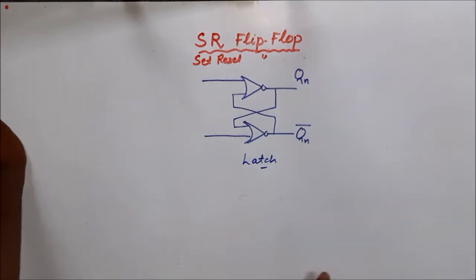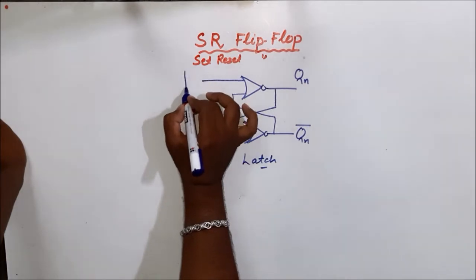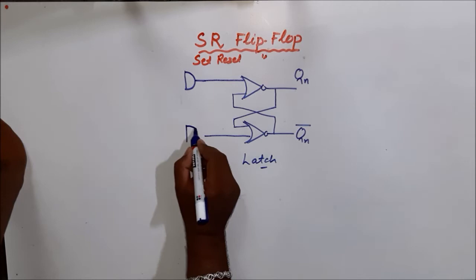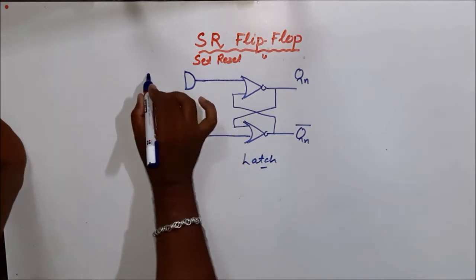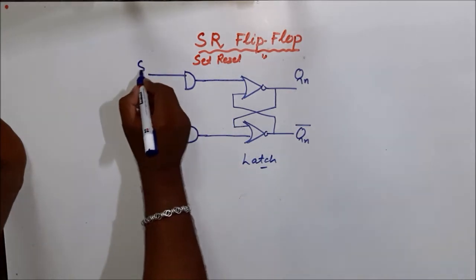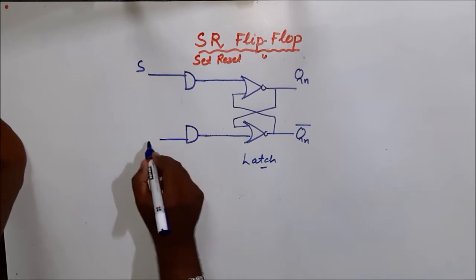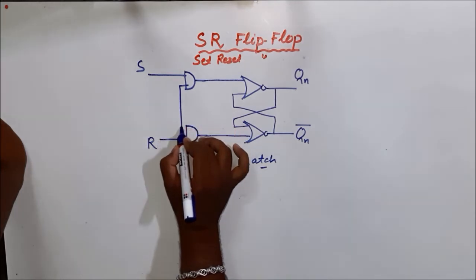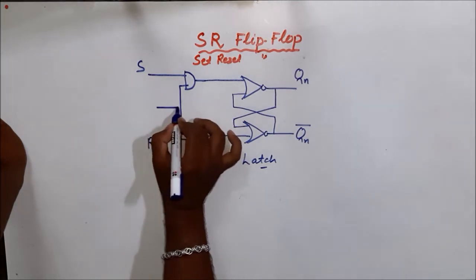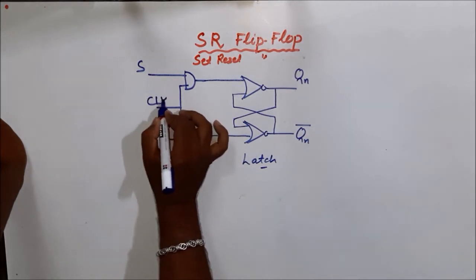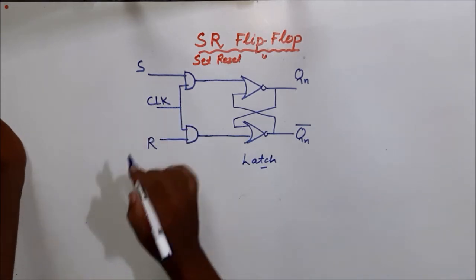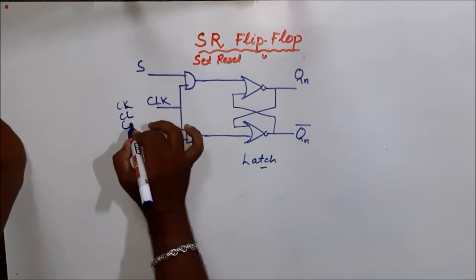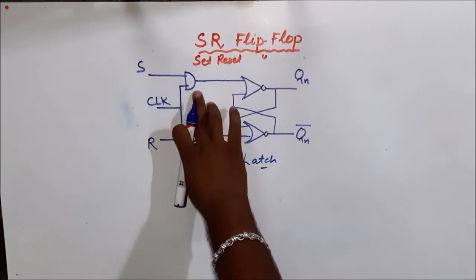That means if we take two AND gates here, we give two inputs, S and R, and we combine the other inputs together to give the clock pulse, CLK. Sometimes it is written as CLK, CK, CL or CP, clock pulse. This is an AND gate.